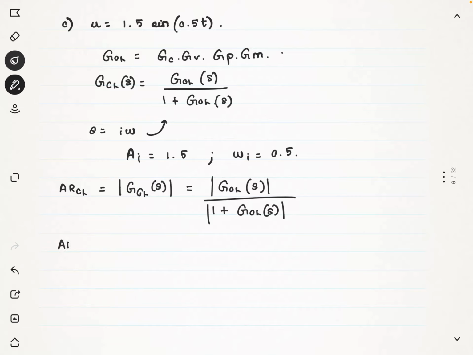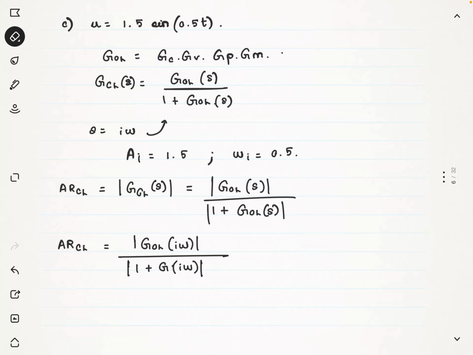So the amplitude ratio... So this offers a shortcut to compute the amplitude of the closed loop system.